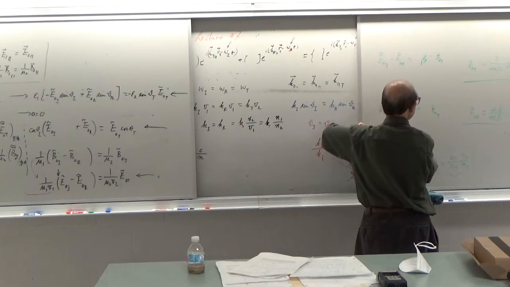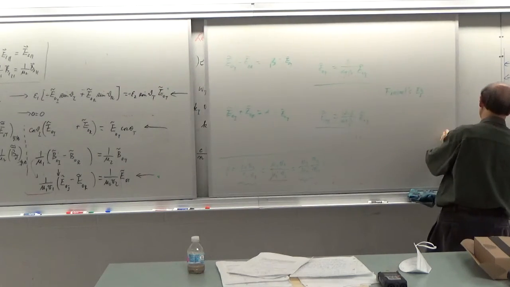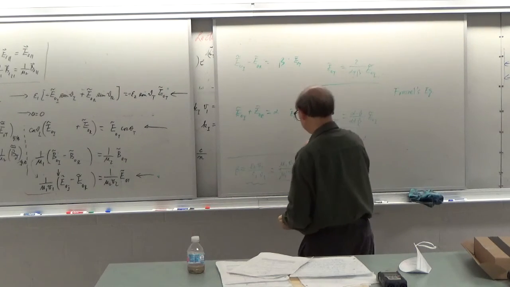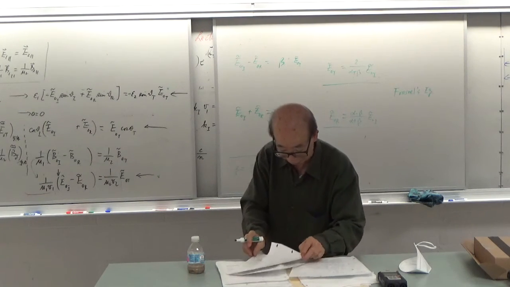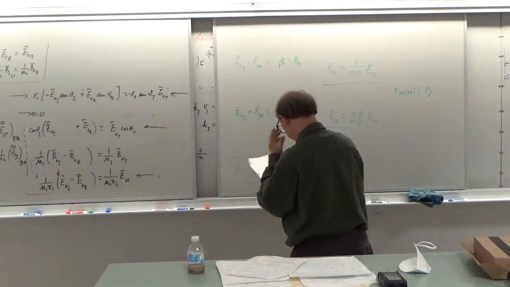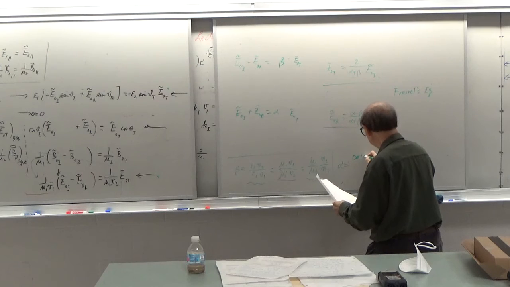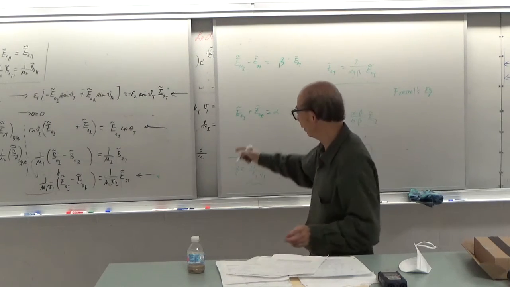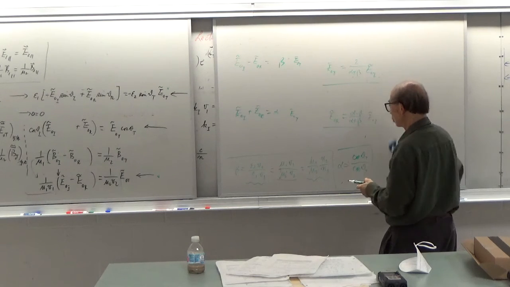Just erase this. Alpha is just the ratio of the cosines, which I managed to erase. So alpha is equal to the ratio of cosines, cosine theta t over cosine theta I. Somehow I forgot that, I just by mistake erased those equations.